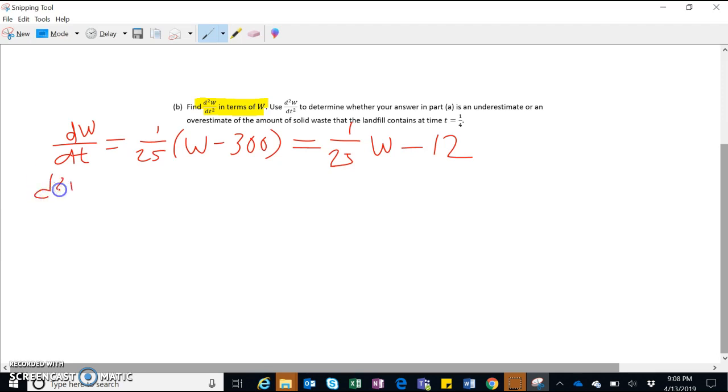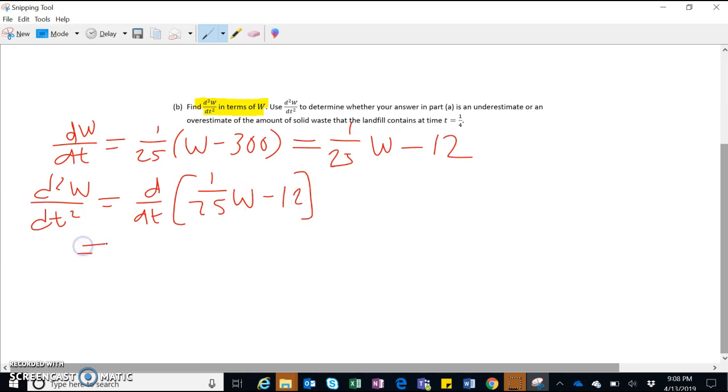So if I want to find the double here, what I need to do is take the derivative of 1 over 25 times W minus 12. Well, the derivative of 1 over 25 W is 1 over 25 times W prime, and the derivative of 12 is 0. So my double derivative is 1/25 W prime.